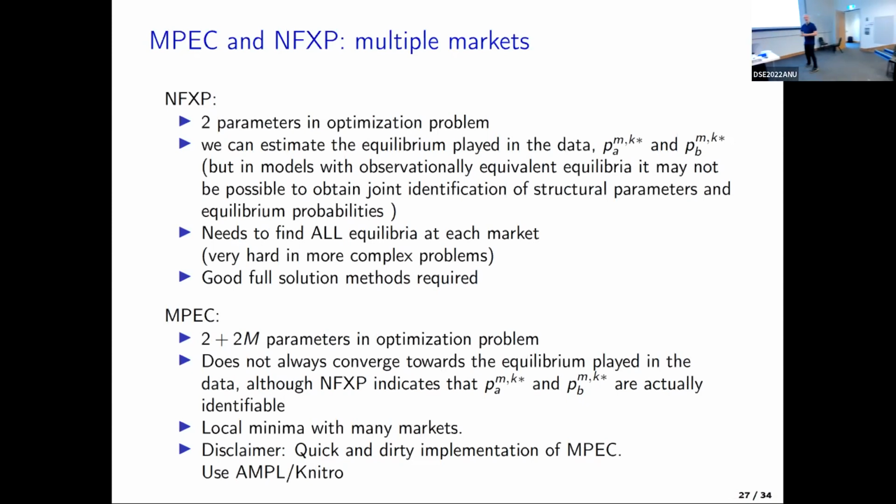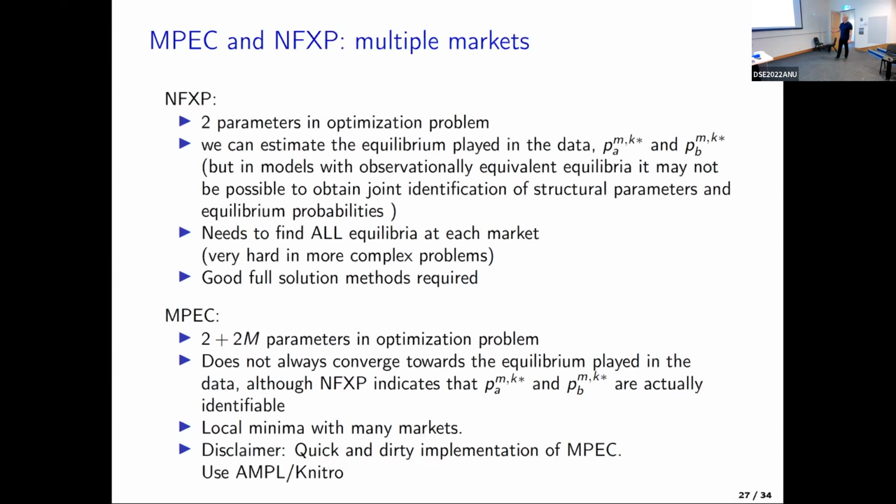We can still do it, but it's going to make it all the more harder to find the global maximum of this likelihood function while imposing the constraints. We can actually back out the equilibrium that was played in the data, but there may be issues like you alluded to in the beginning. There will be observationally equivalent parameters where you can move around the equilibrium selection rule and the parameters. So that's potentially going to be an issue here.